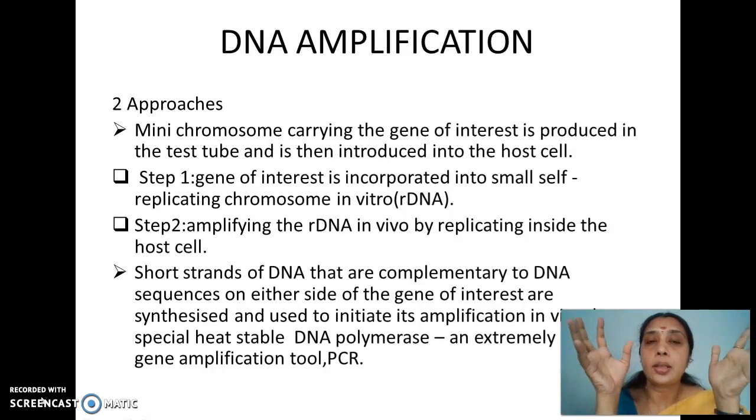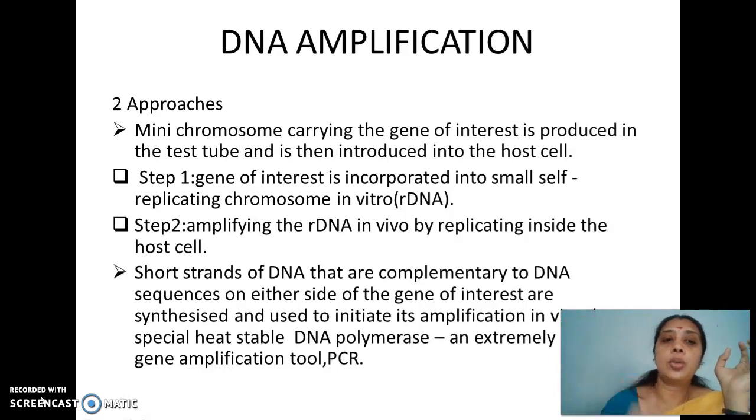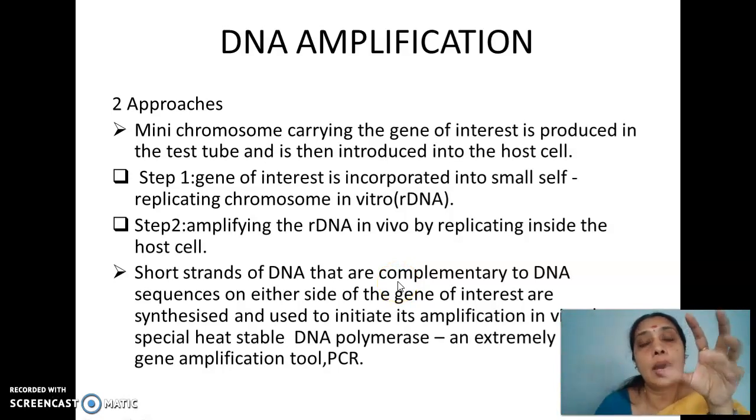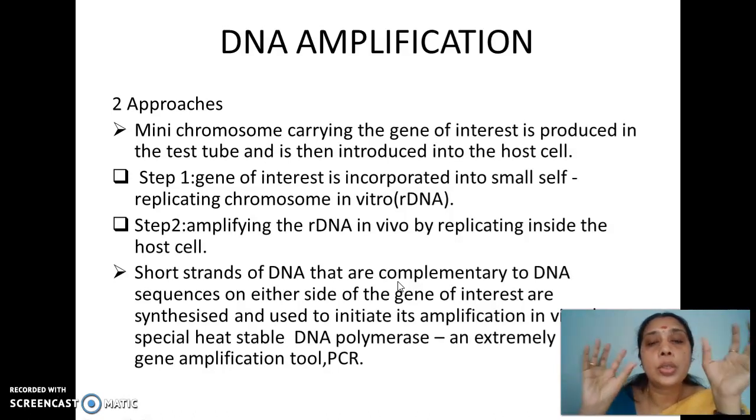Vector means vehicle. So usually we use viruses, and these viruses are then introduced into our animals. We usually use guinea pigs, rats, monkeys, rabbits, etc. What does the virus do?